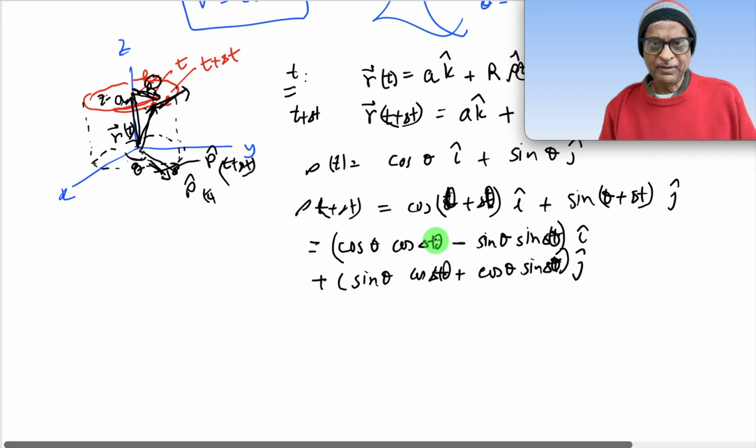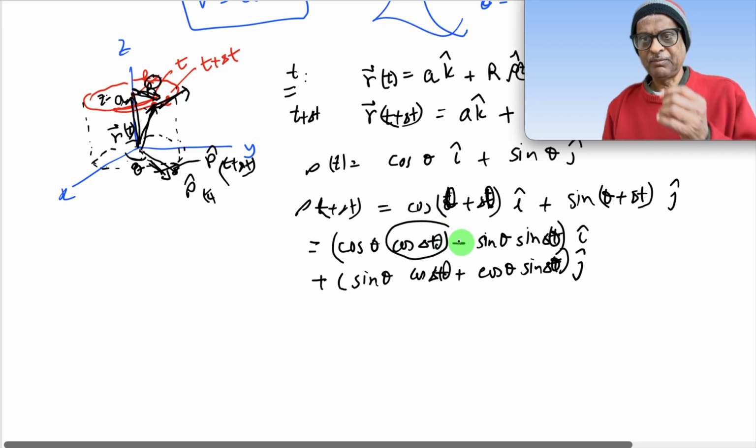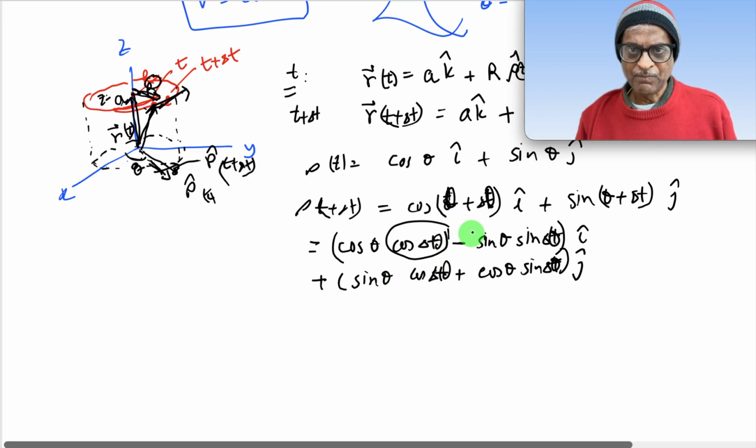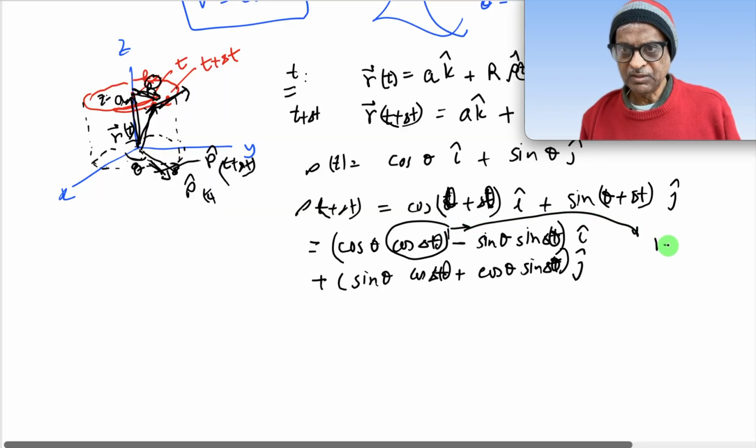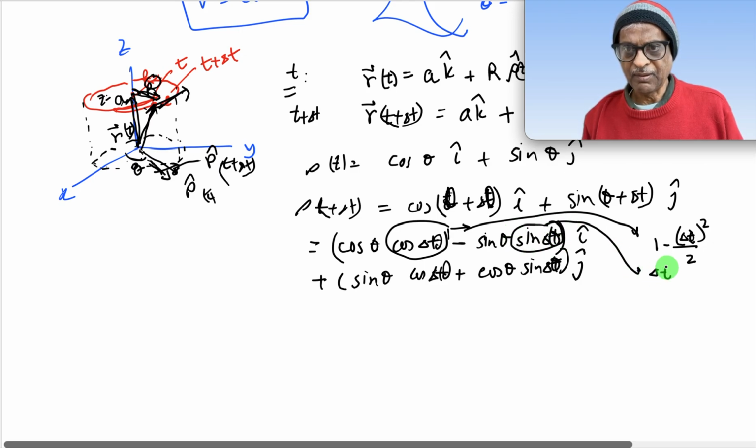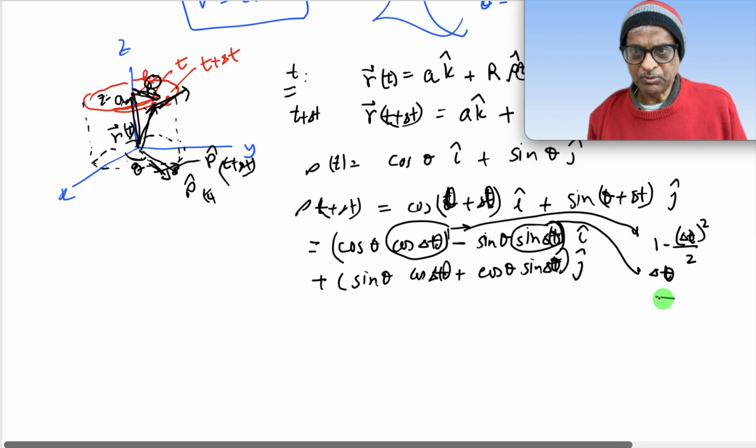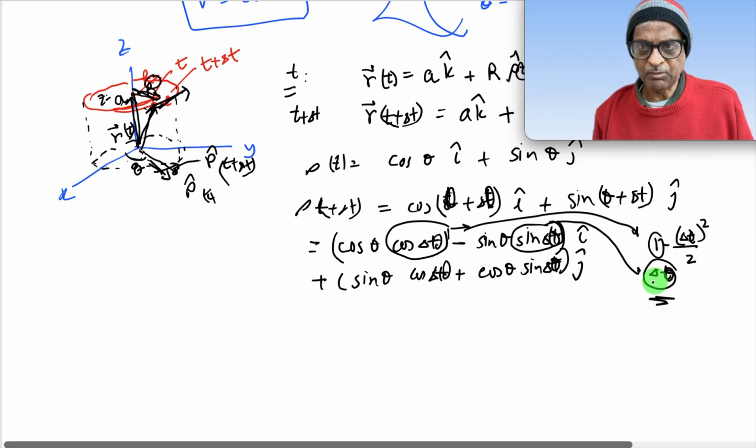All right, now for delta theta very small, up to linear order, cosine delta theta will be just 1 minus delta theta squared over 2, and sine delta theta will be just delta theta. So if you expand it, this term and this term will be the dominant, this will be the subdominant, and this part can be ignored.